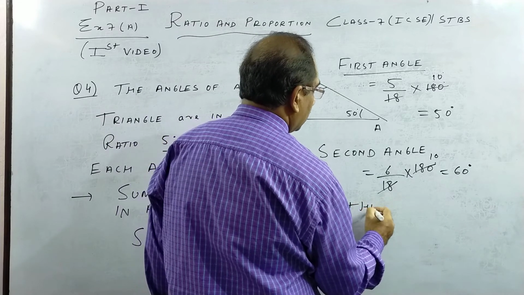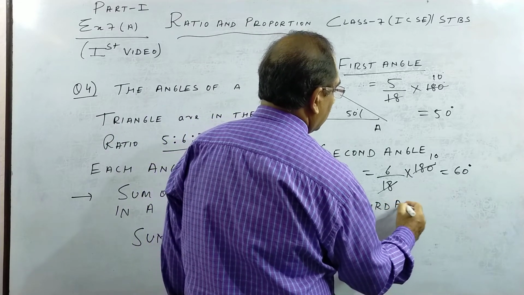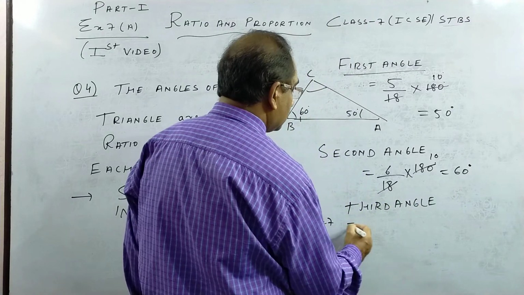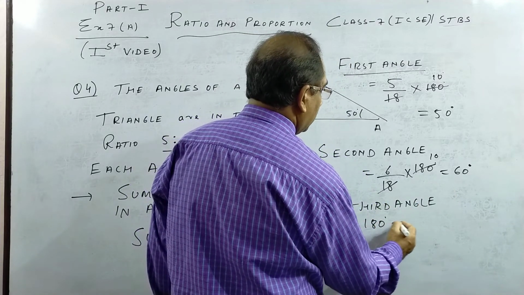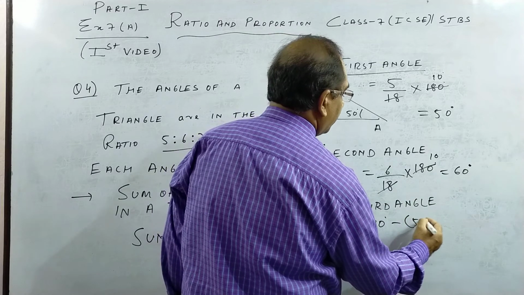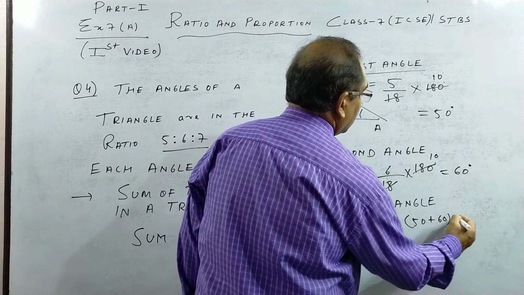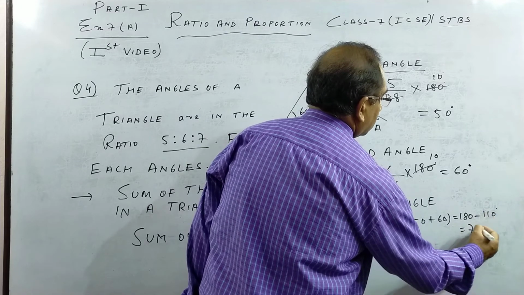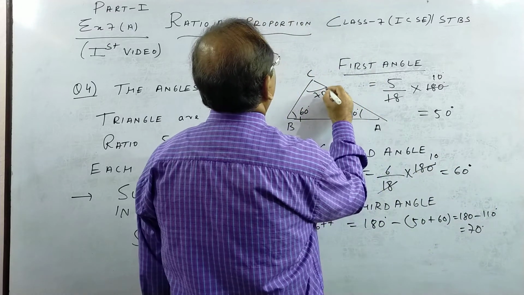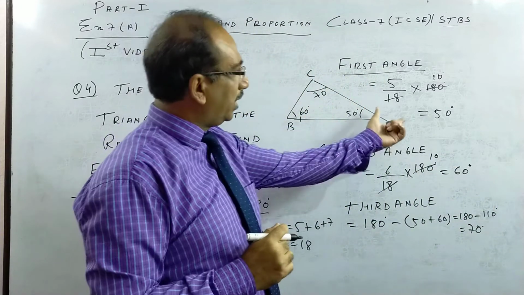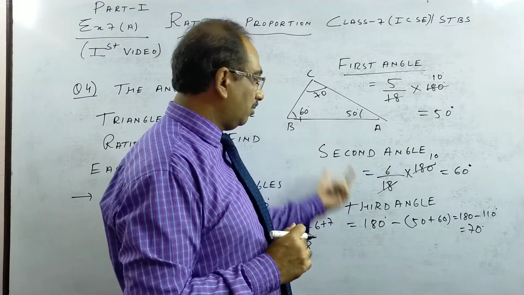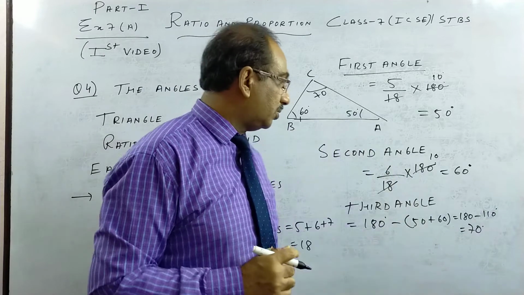Third angle, children, I can tell you there are two ways. Method one is, from total 180, you subtract 50 plus 60. So 180 minus 110 is 70. I know the sum of the three is 180, so total minus these two gives you the third one.